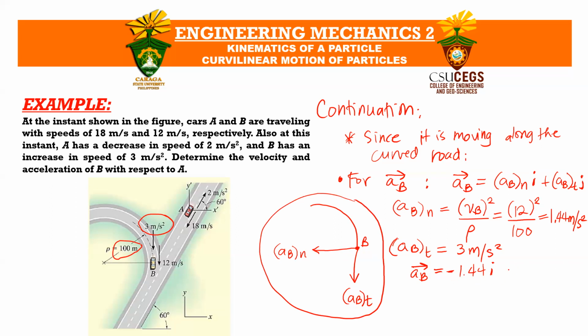The tangential component would also be negative 3j, since the tangential component is acting downward. So both the normal and tangential components are negative. This is the vector form of your acceleration for car B.